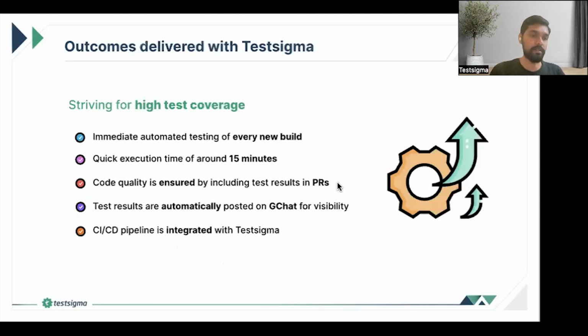The minute their builds are published and the execution is over, all of the results are immediately posted on their communication channels. The code quality and the test results are also added to the PRs. All of this happens. And right now, they were telling us that they've automated close to 85% of their test cases. Only 15% of it is done manually. So that's a phenomenal job for a very large team.